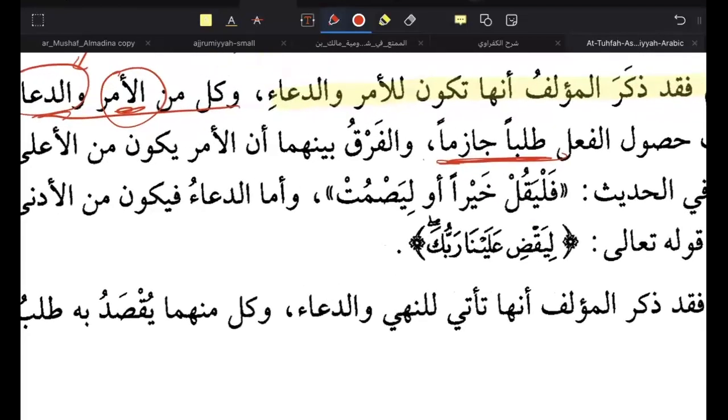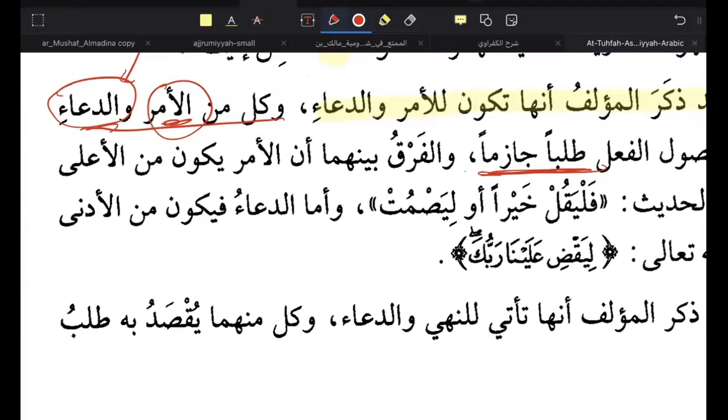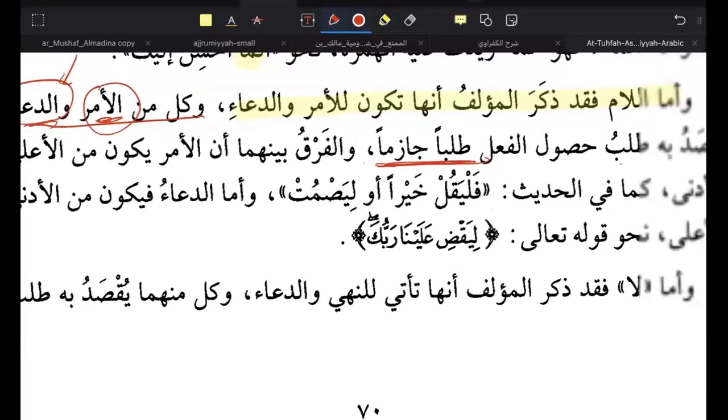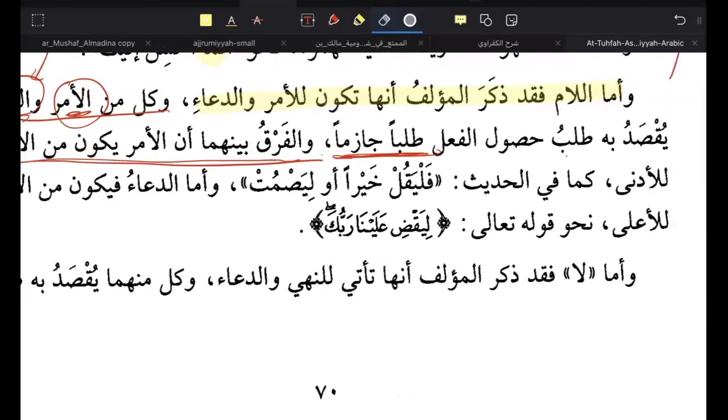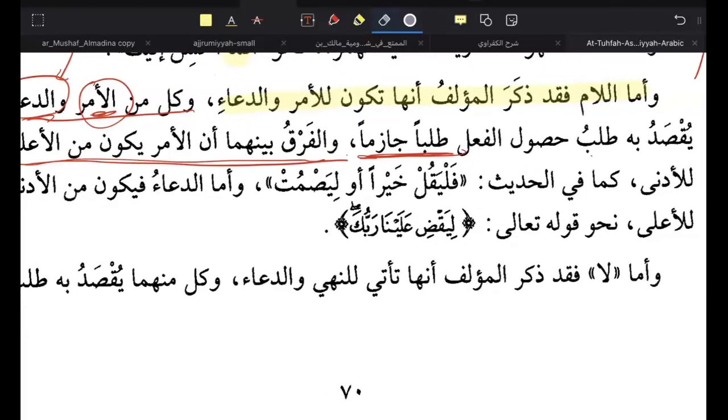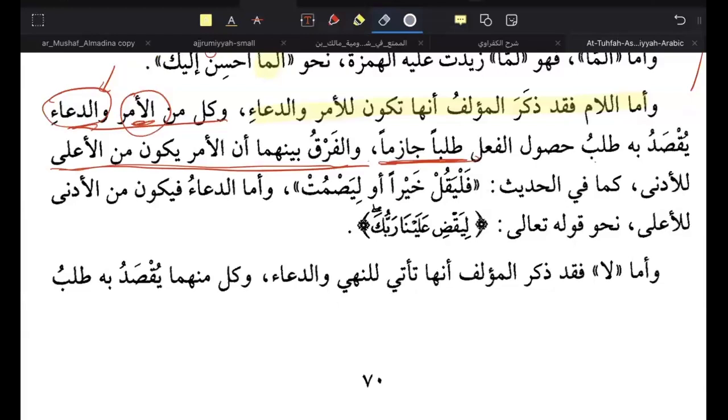Then he says, الفرق بينهما أن الأمر يكون من الأعلى للأدنى. The difference between them is that the command will happen from the a'la, from the high, meaning upper, to the adna, to the lower. In Arabic language, this is very interesting.